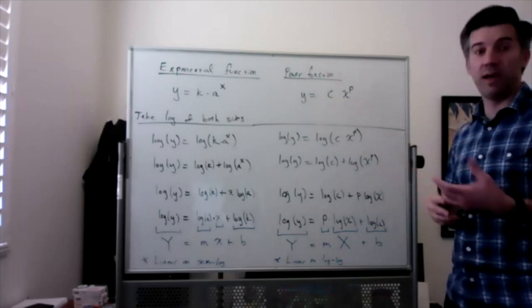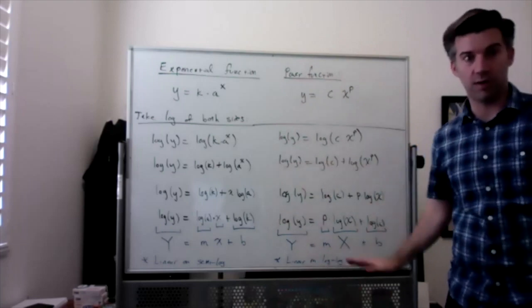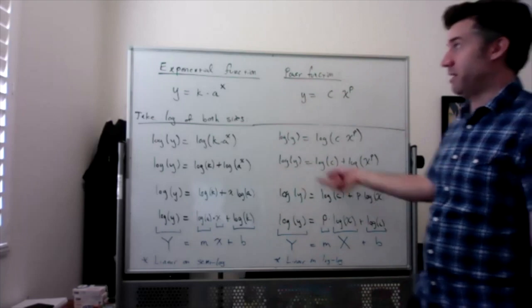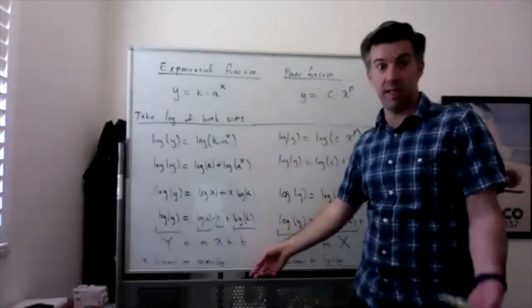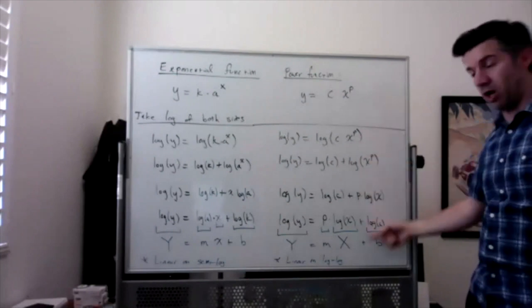And this is always the way you would transform just an equation into a log linear or a log-log thing. It's always going to be the case that exponential becomes linear on a semi-log graph, and the power function becomes linear on a log-log graph.